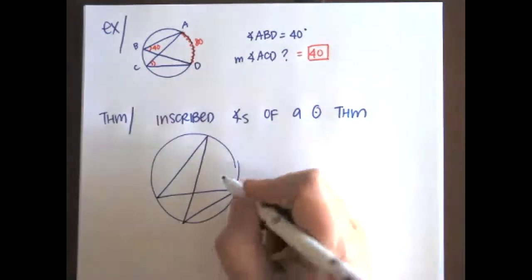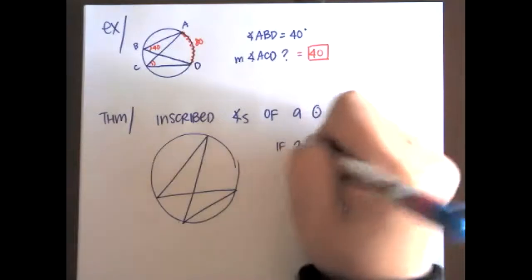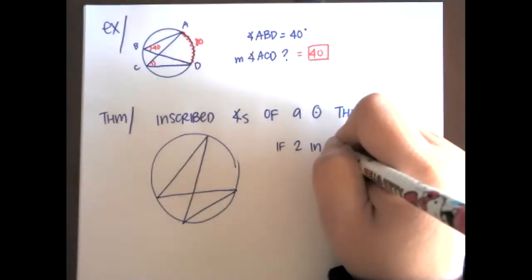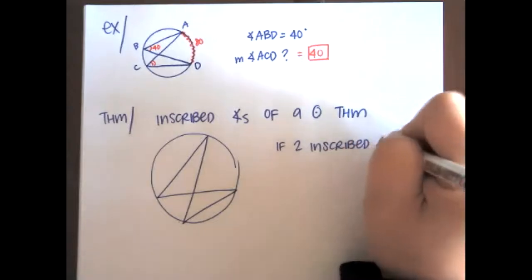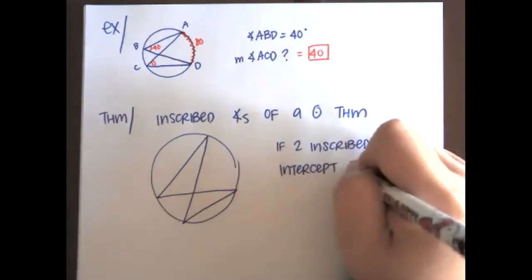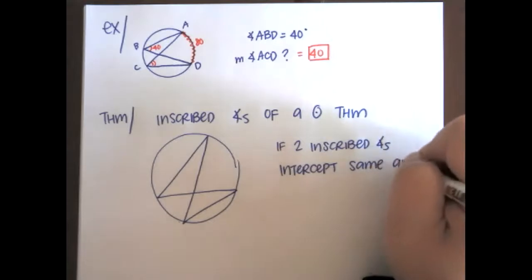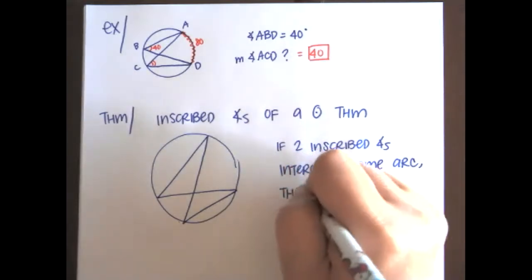It says if two inscribed angles intercept the same arc, then the angles are congruent.